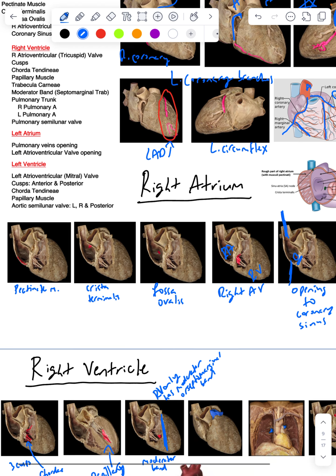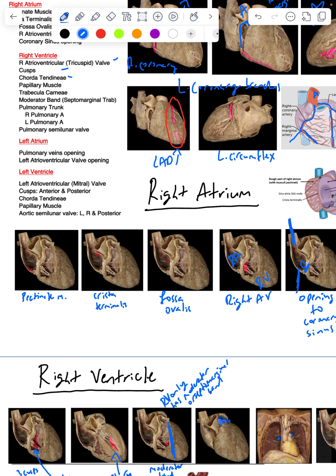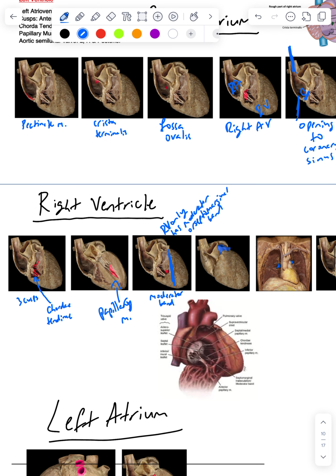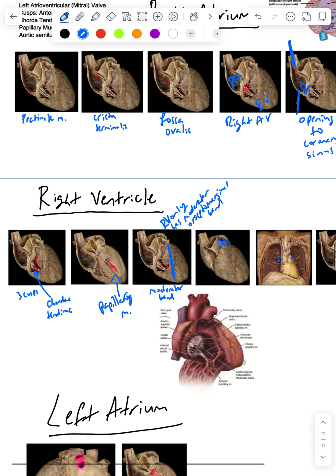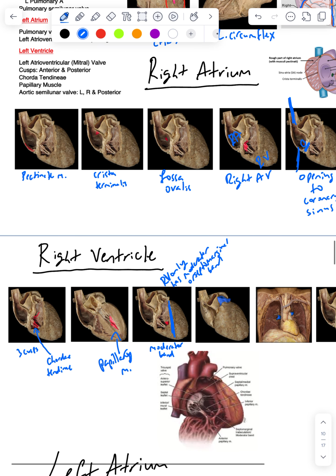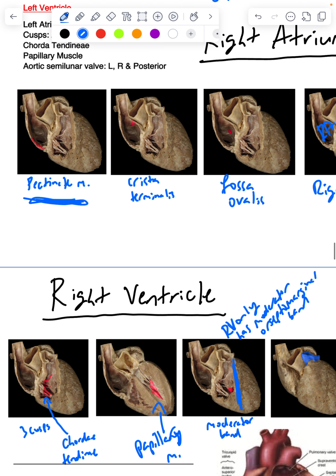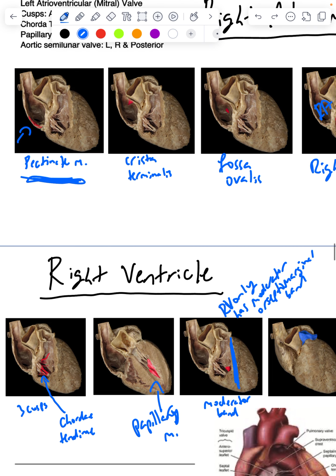And then the other stuff they have listed here. Trabeculae carneae, I don't think I have a picture of it on here, but the same way the right atrium has pectinate muscles, if they pin a bunch of these muscles going like this inside your right atrium, it's pectinate muscles.